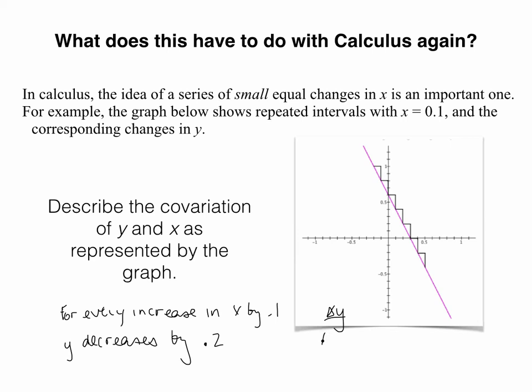I actually can compute it, right? Change in y over change in x. I just found out that y decreases by 0.2, so I can encode the decrease using a negative, so negative 0.2 for every 0.1 change in x. So what's the slope of my line? Negative 2.